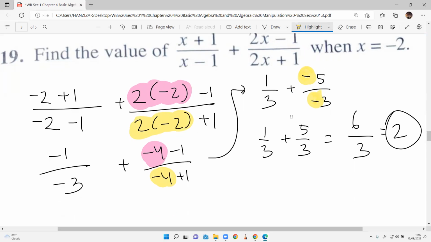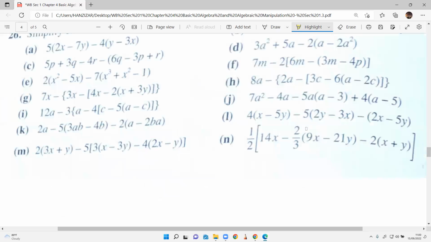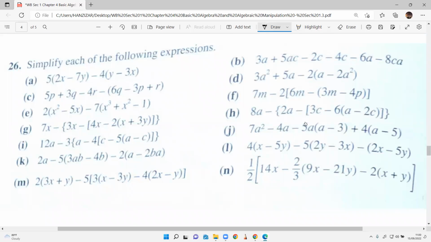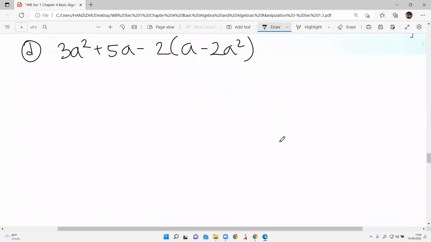Okay, number 26D right now. Okay, guys, look at this. Which part do you need to do first? Bracket. So what is it then? This one, right? Negative.